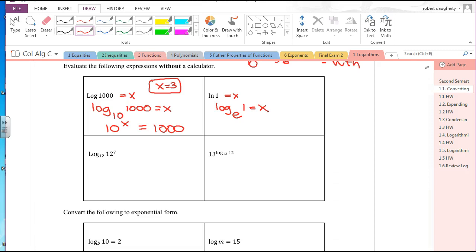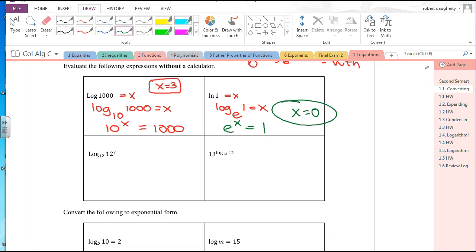Exponential. Where's my base? E. In this equation, which of those things is my exponent? X. e to the x equal 1. What must I raise something to get a 1? 0 power. X is equal to 0 in this case. So you need to be very comfortable with exponential form, logarithm form, going back and forth between the two of them.